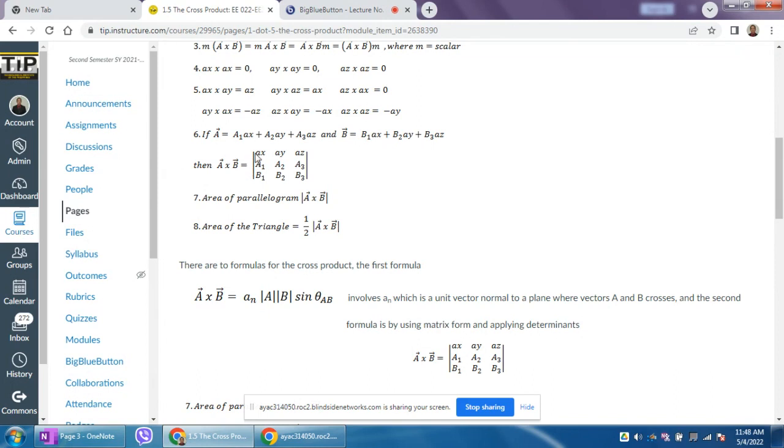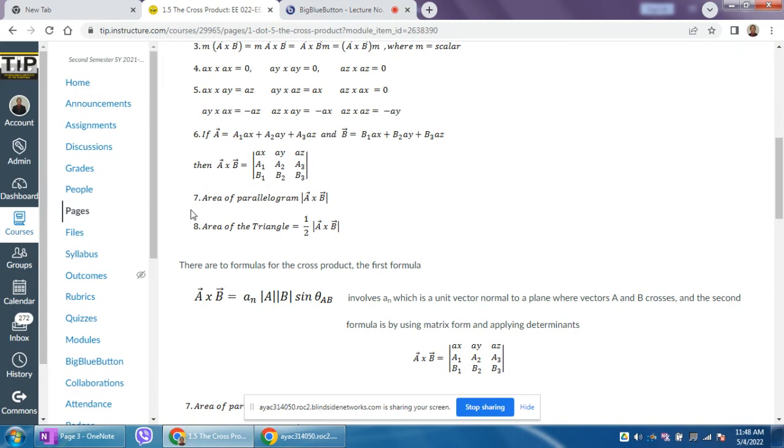A cross B, lalatag mo lang siya in matrix form in this order, AX, AY, AZ. Tapos kung nauna po si A, A1, A2, A3, and then B1, B2, B3, and then you apply determinants po dito. So main diagonal minus the counter diagonal. So I'm sure you are familiar with the determinants naman po in procedure.